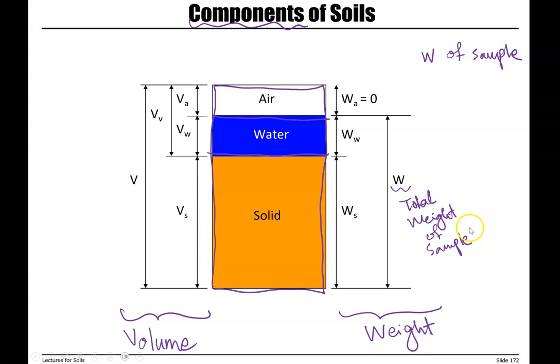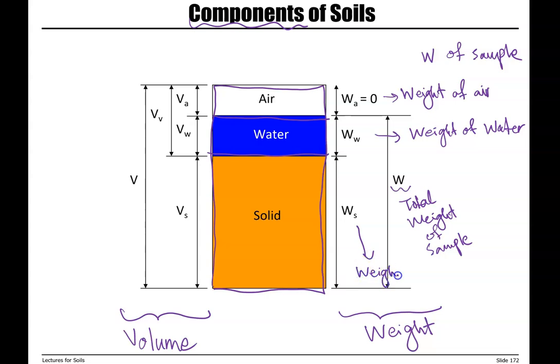We can divide it into weight of air, which is 0. Air doesn't have a weight. It's weightless, so weight of air is 0. Then we have weight of water, and here we have weight of solid particles.